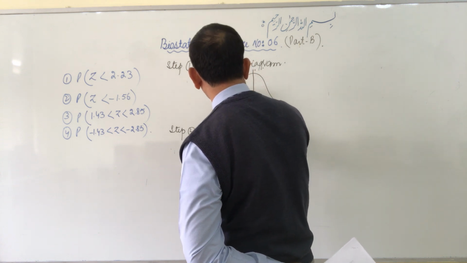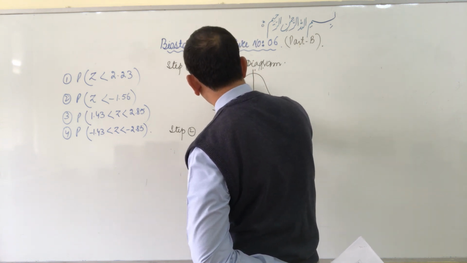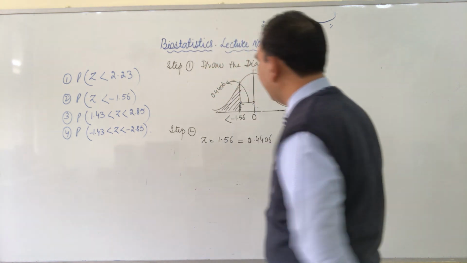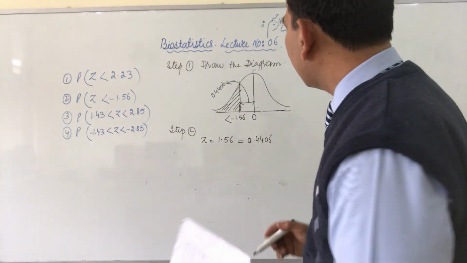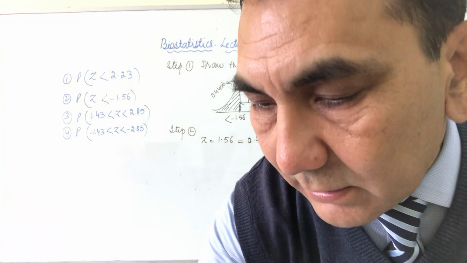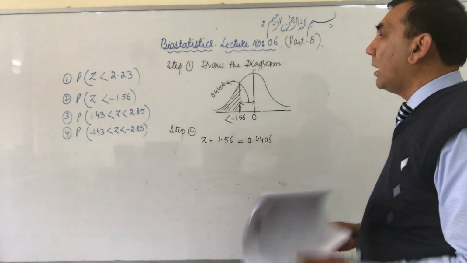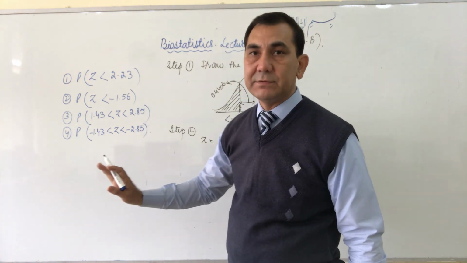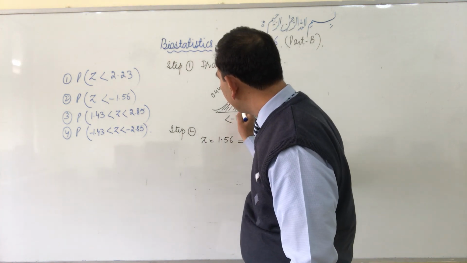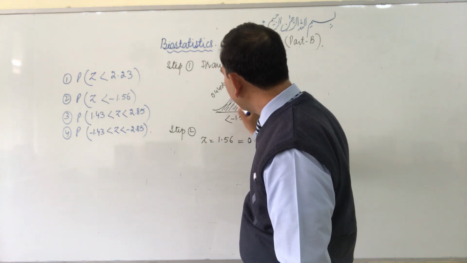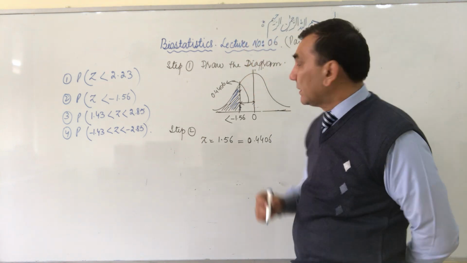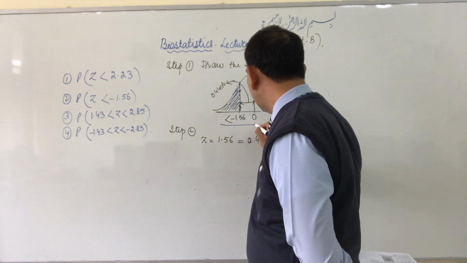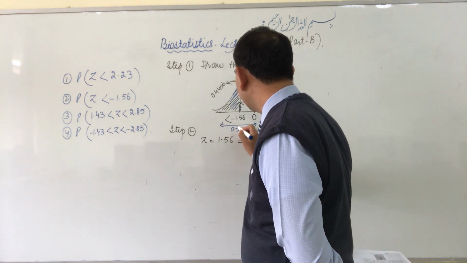The question asks for the probability area below minus 1.56, which is the shaded area. From 0 to the end, the whole half area is 0.5.